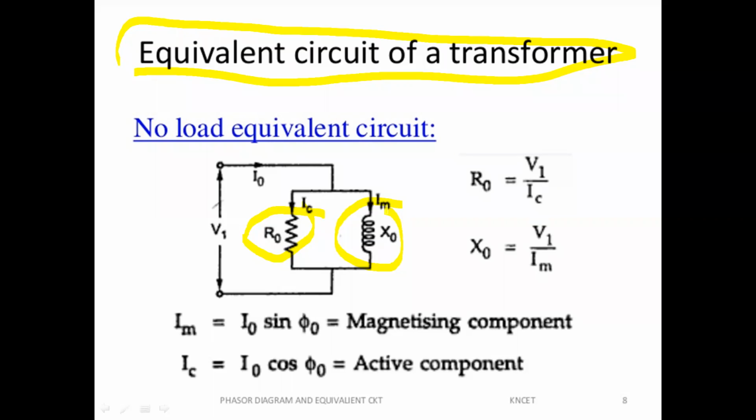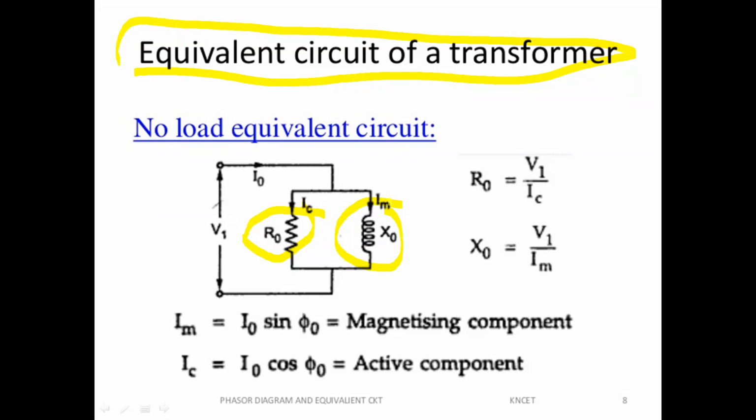So the transformer has some losses that do not depend upon load. The transformer always takes some amount of power to meet the losses and to function, or to induce some EMF in the secondary side. That does not depend upon the load.